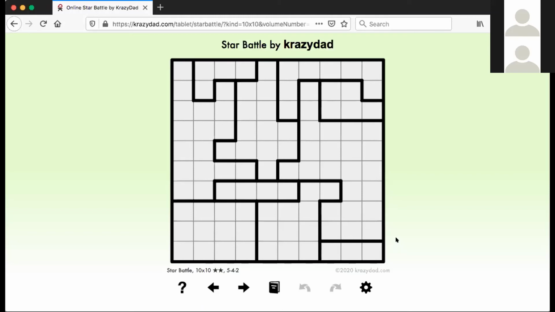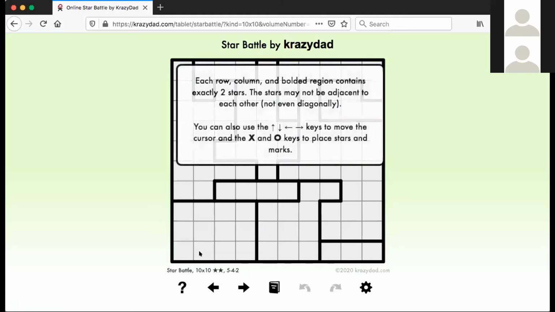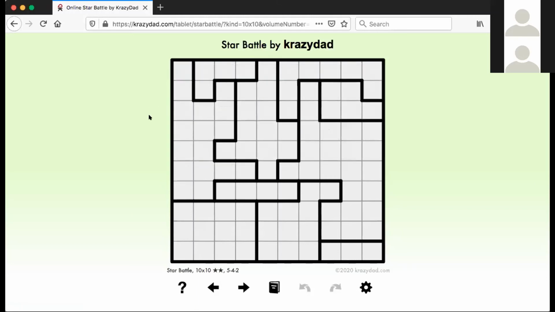And I believe the adjacency rule still holds. If you need to check on the rules, you can go over to this question mark and look at the instructions. So we do still have that adjacency prohibition.